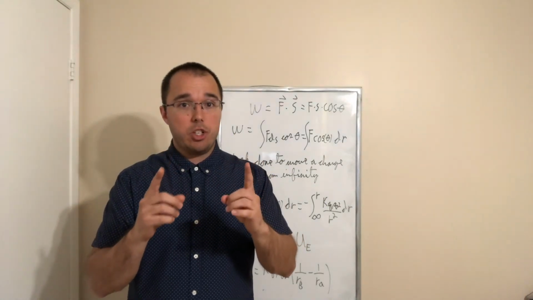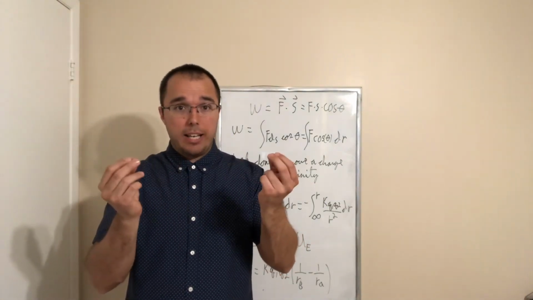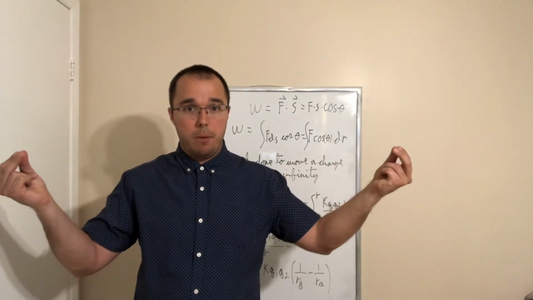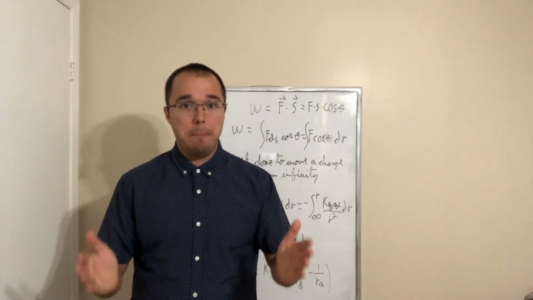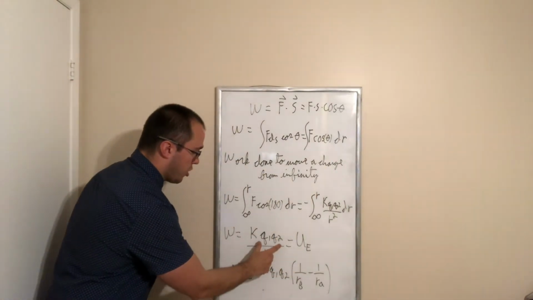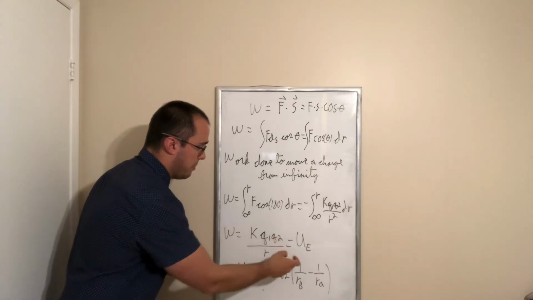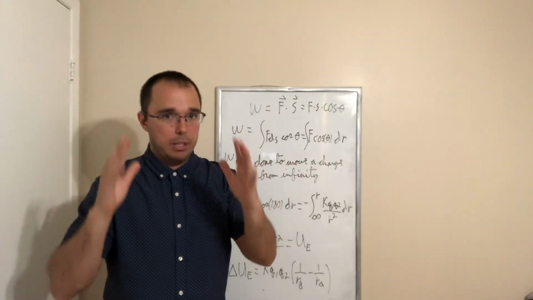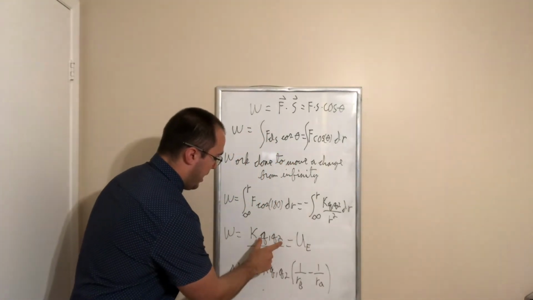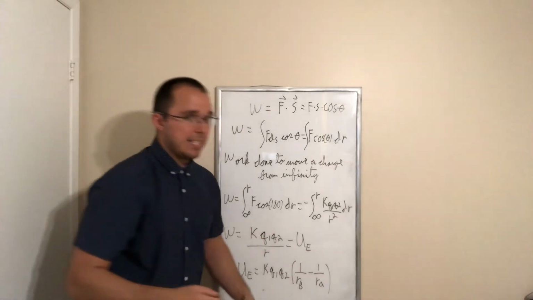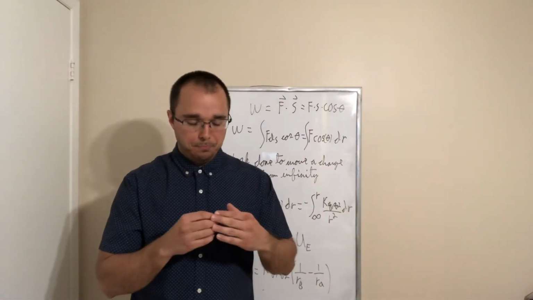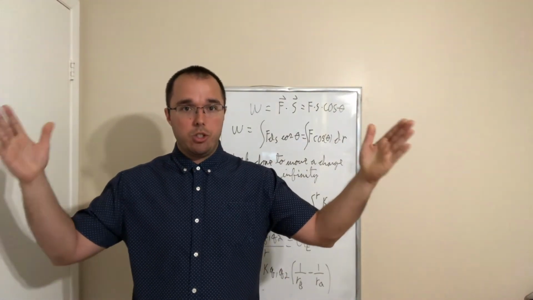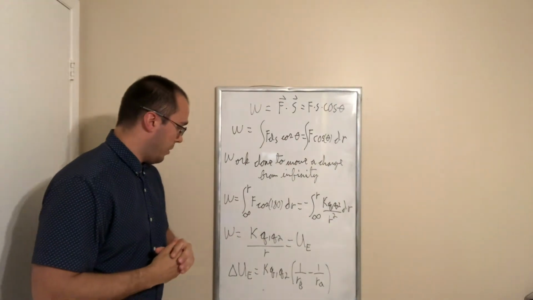If you have two different charges, they will try to attract each other, so you build potential energy by moving them farther away from each other. If you release them, they will come back. So if the two charges are the same, this term will be positive, which means as you take a charge from infinity and bring it closer, you are increasing the potential energy. If one charge is positive and the other is negative, the potential energy increases as you move the charge further away, and it decreases once you release them and they come back together.